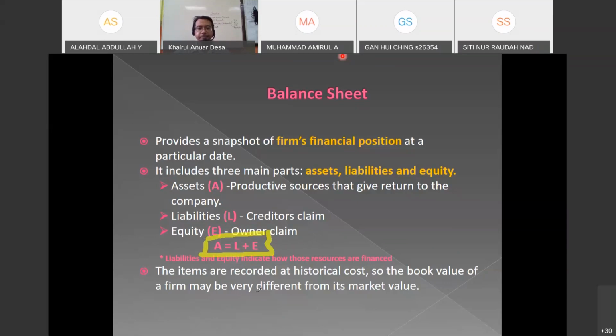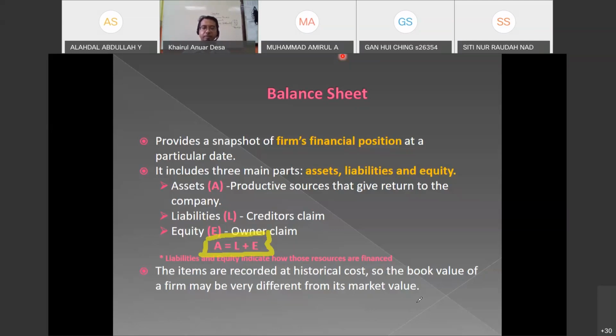So the items are recorded at historical cost. So the book value of a firm may be very different from its market value. All the items in the balance sheet are recorded based on the historical cost. What is the historical cost?